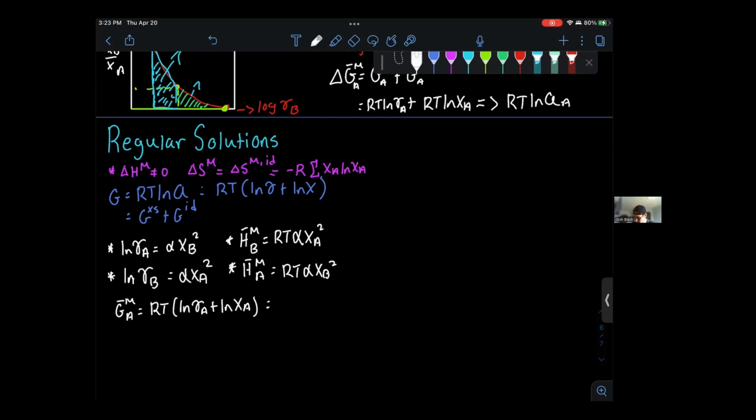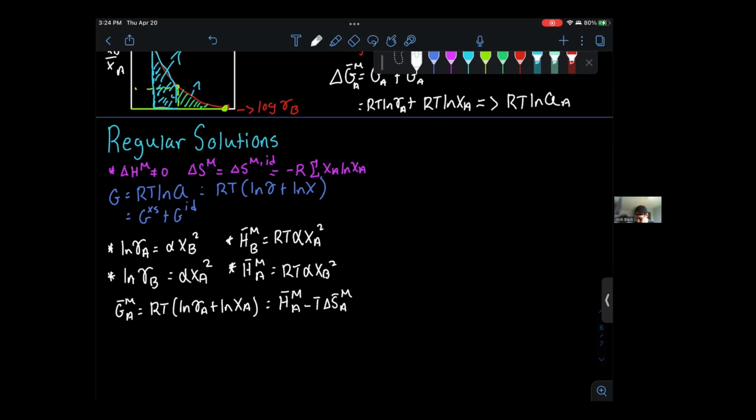We know that this is also equal to the partial molar enthalpy of A minus T times the partial molar entropy of S. Sorry, not plus. That would have been bad.